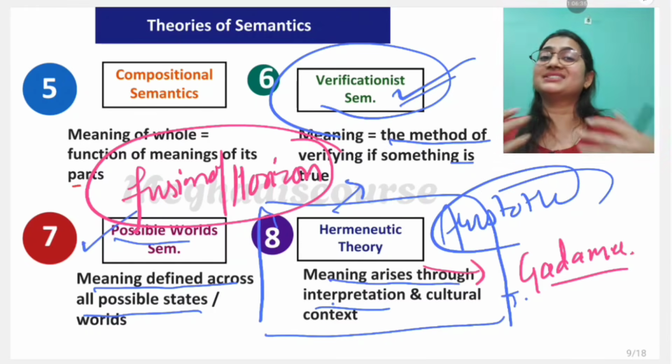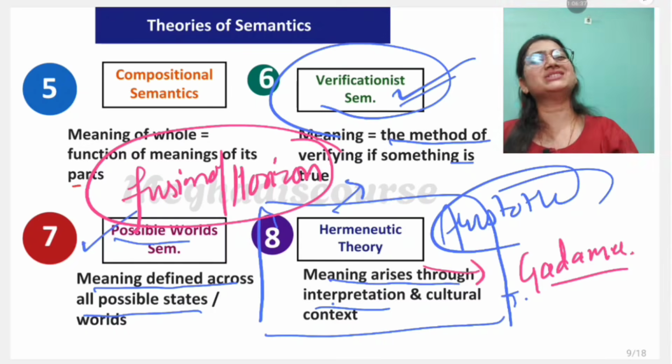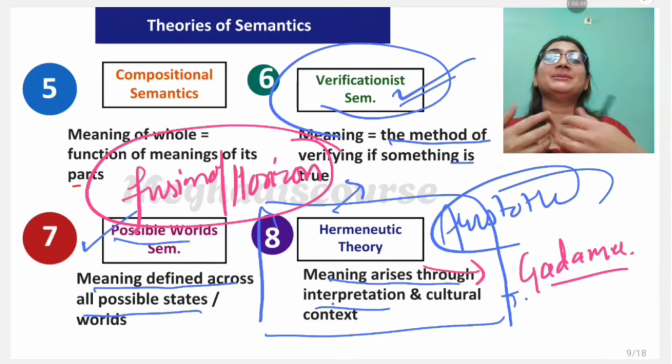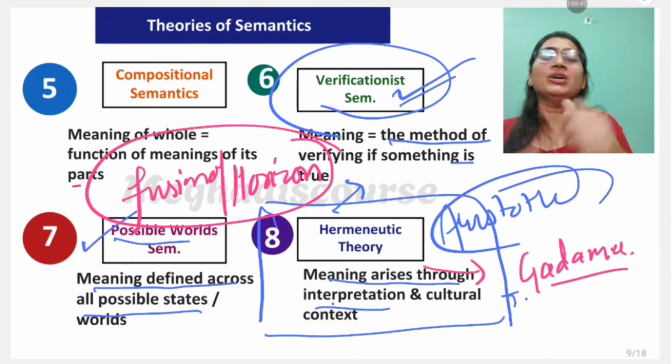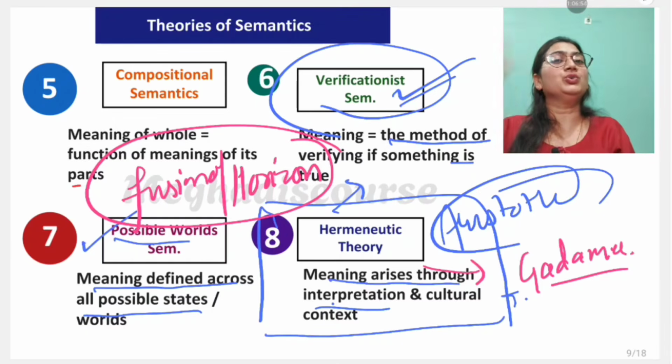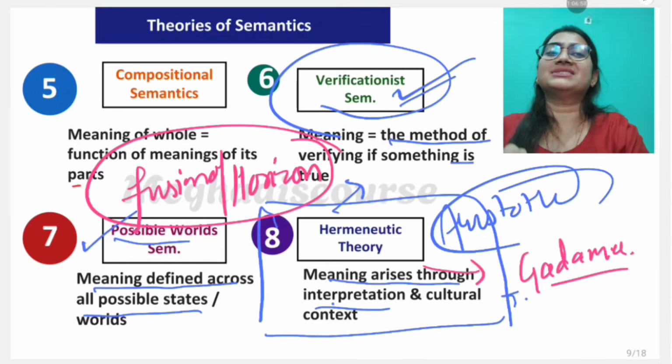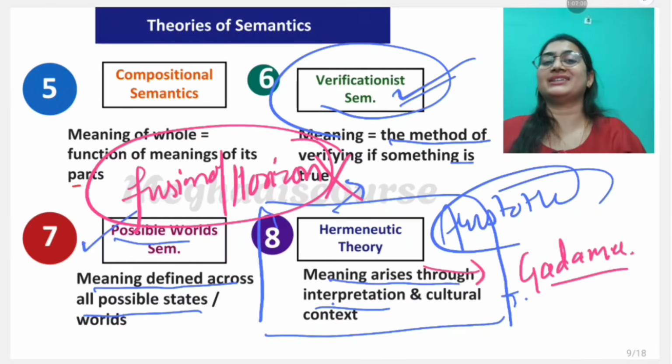It will be a big success for me. If I fail to explain in my lucid language with simple examples, it means my horizon is different and your horizon is different. There is something hidden which we both fail to look at: I am failing to explain, you are failing to get it. It means we are not getting the meaning here. This concept fails. So this is what fusion of horizons means.